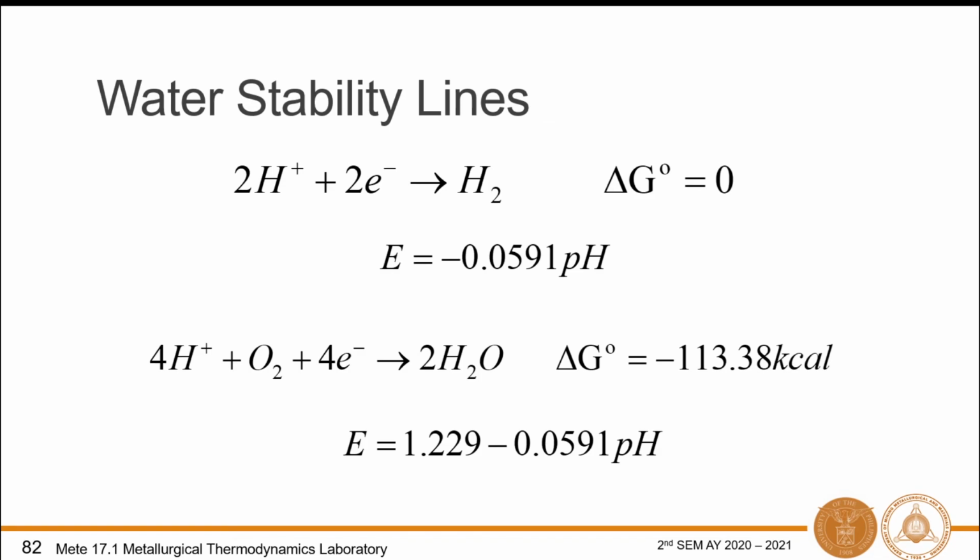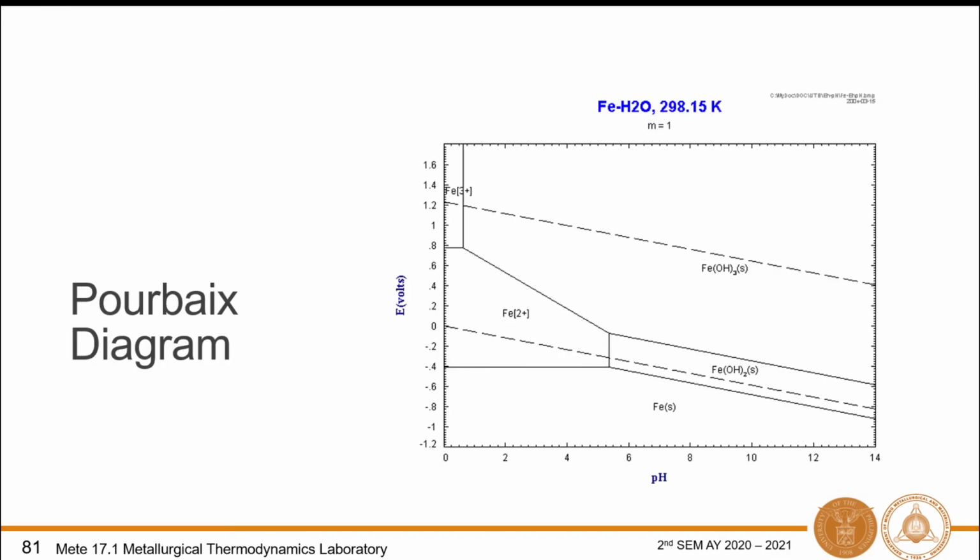And if you do the water stability lines, which are H+ yields H2, and H+ plus O2 plus 4e- yields H2O, then you should get 2 lines, no? One line is E equals negative 0.0591 pH, and one line is E equals 1.229 minus 0.0591 pH. Then when you draw these lines, you should get something that looks like this, no?